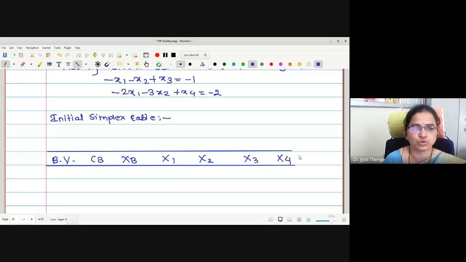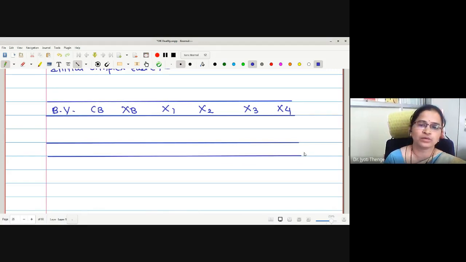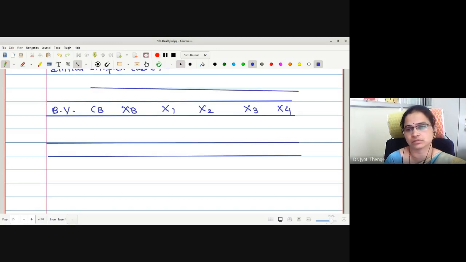How many constraints? 2 constraints. Here I will just put a line. Now I am not going to write all the formulas for incoming and outgoing vector. I am going to write it directly. If you feel difficulty, you just stop me and ask.